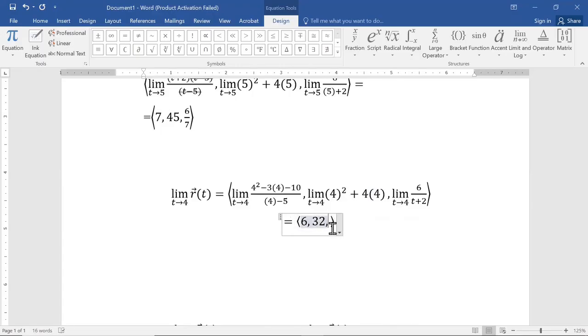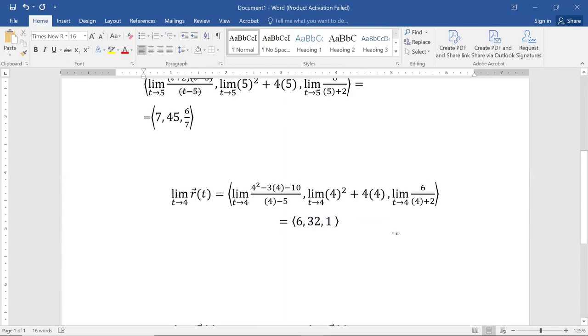And then my third component is going to be 6 over 4 plus 2, which is 6 over 6, which is 1. So the limit of r of t as t goes to 4 is 6, 32, 1.